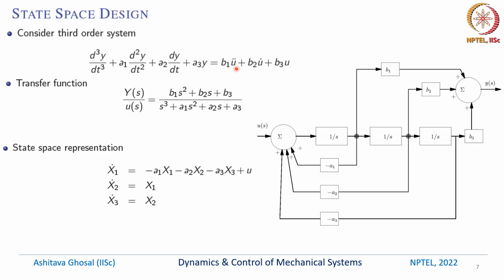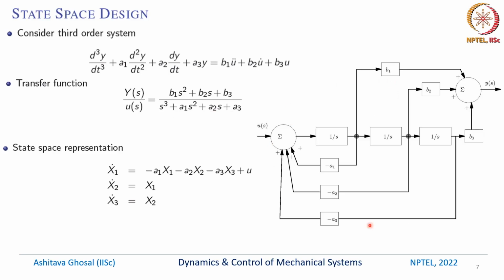So it is b1 into u double dot, d2u by dt square, plus b2 into u dot plus b3 into u. We can obtain the transfer function after taking the Laplace transform of this ordinary differential equation. So Y(s) by U(s) will be given by b1 s square plus b2 s plus b3 divided by s cube plus a1 s square plus a2 s plus a3.